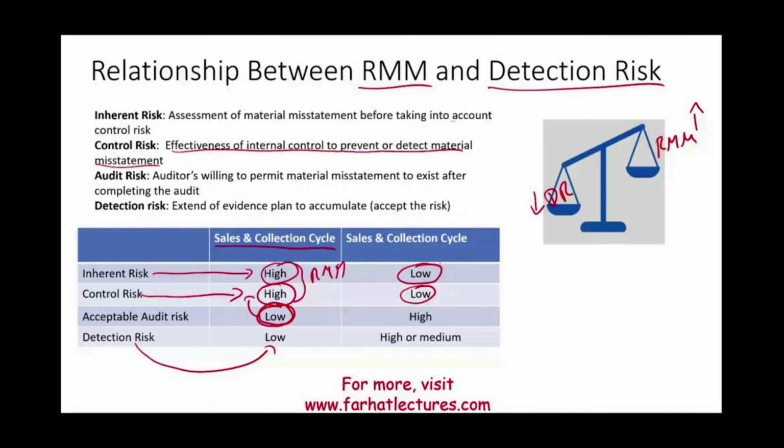Well, now RMM is low. If RMM is low, I'm more comfortable accepting more risk because the company has a good RMM. Then I can set detection risk at high or medium. Notice it's the opposite of RMM. So as RMM goes down, detection risk goes up, and vice versa.